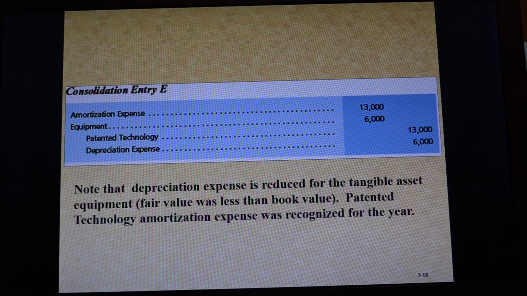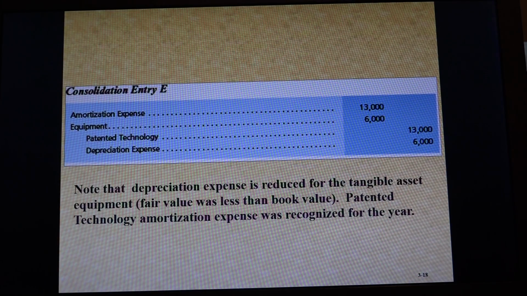And then here you're doing negative amortization on the equipment, so you're increasing equipment by $6,000, and you have a negative amortization or depreciation expense here, so that's $6,000 credit.